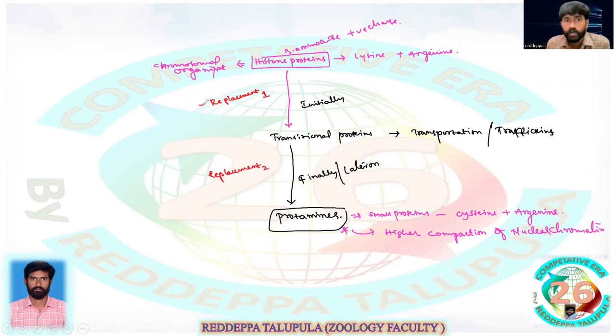Replacement one, the replacement of histone proteins by transitional proteins, happens at the time of differentiation of the nucleus.